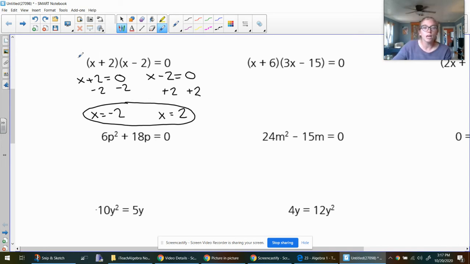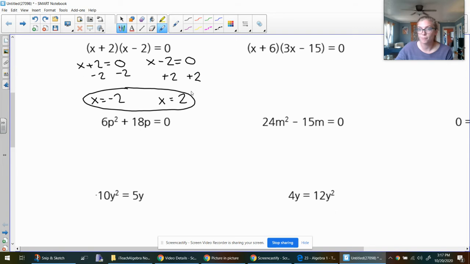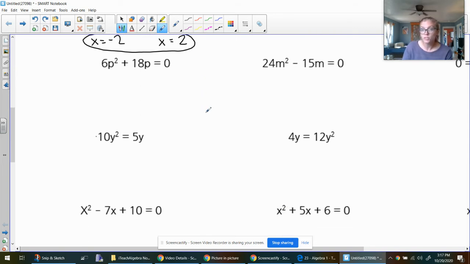So when we already are given the factors, these problems are pretty easy to solve. But most of the time, we're not going to be naturally given the factors. Most of the time, we're going to have to do the solving ourselves. So here I have 6p² + 18p = 0. I'm going to start by factoring this. So I know the greatest common factor between 6p² and 18p is 6p.